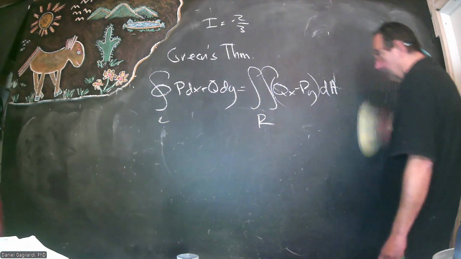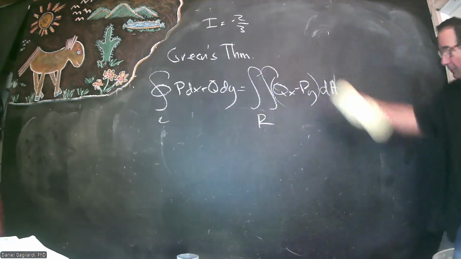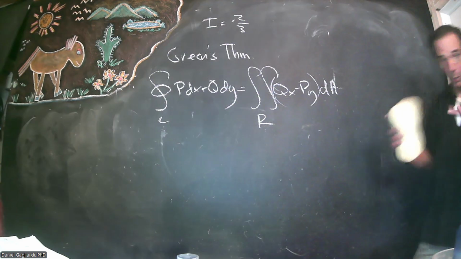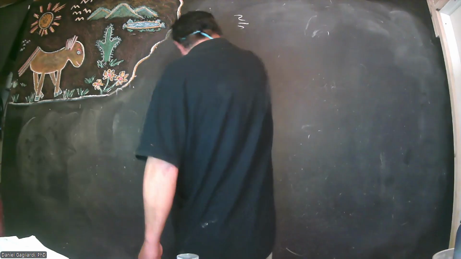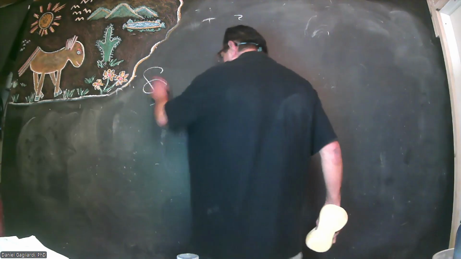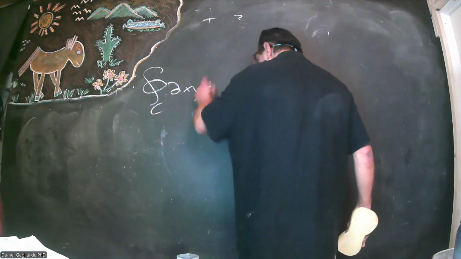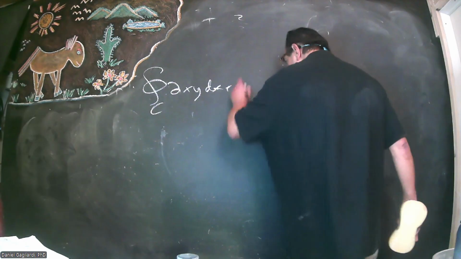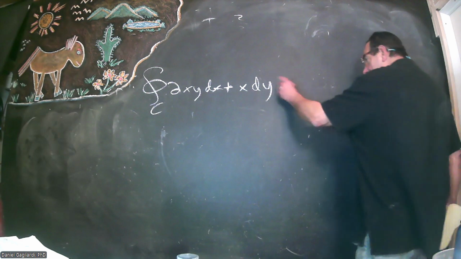Let's see if that's going to be equal to the double integral of Q_x minus P_y over that triangular region. So, says Green's theorem, we have the line integral of 2xy dx plus x dy, it's a plus sign there.